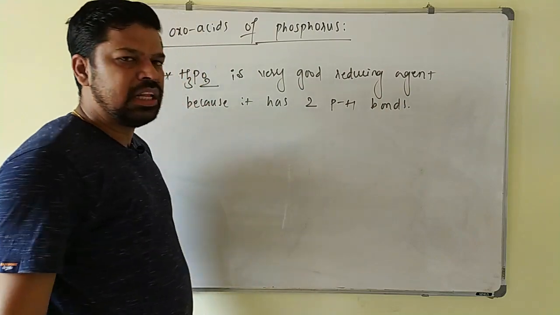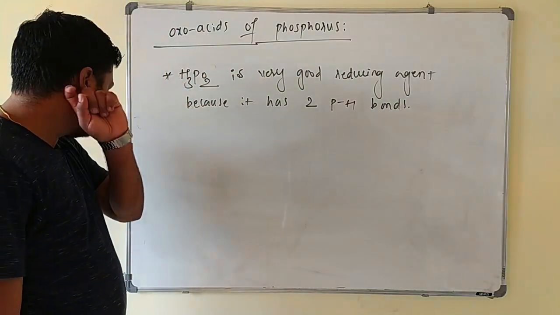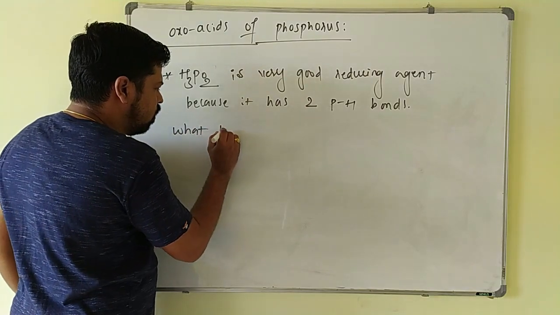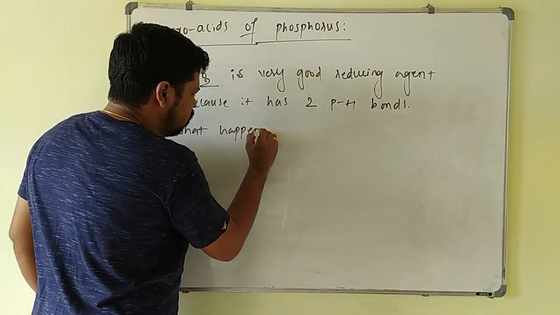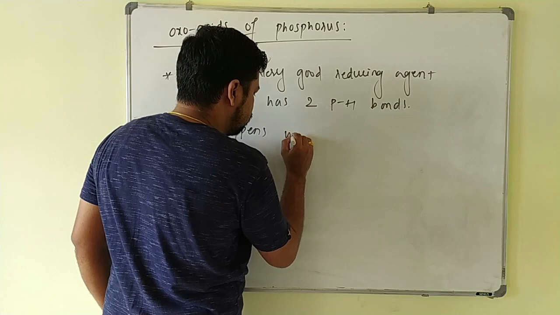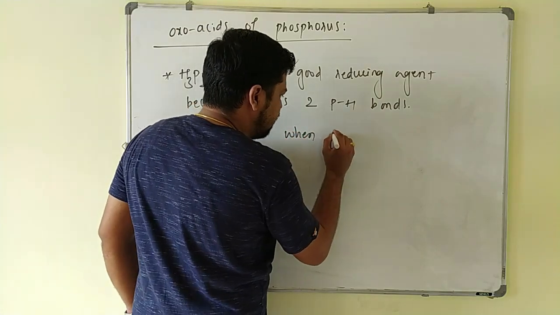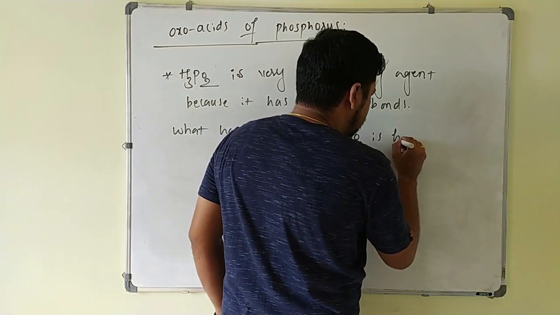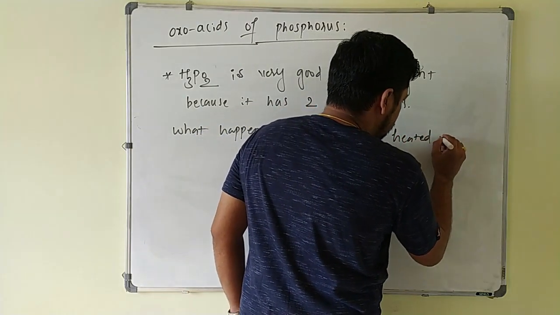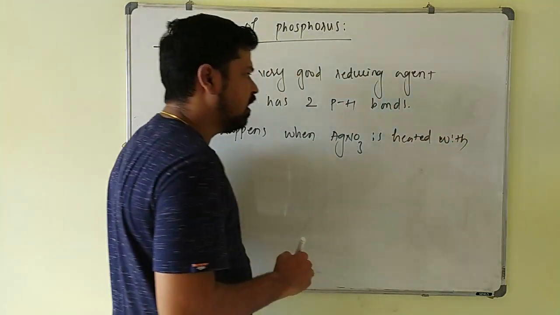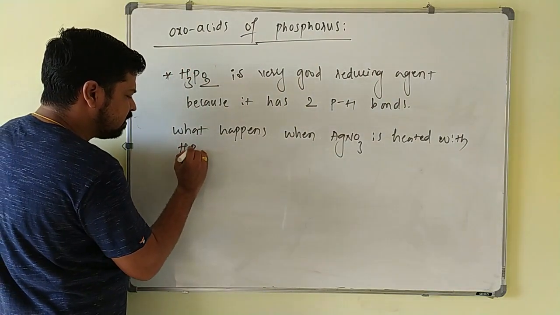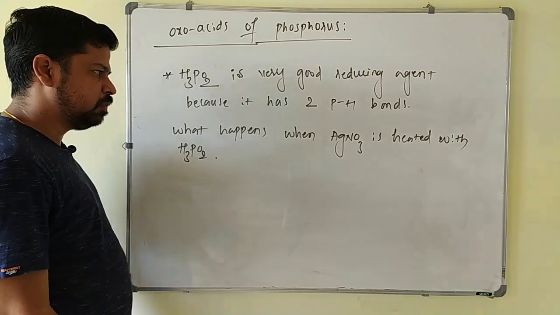Based on this, they have asked one question in the NCERT, that is, what happens when AgNO3, silver nitrate, is heated with hypophosphorus acid, that is nothing but H3PO2.